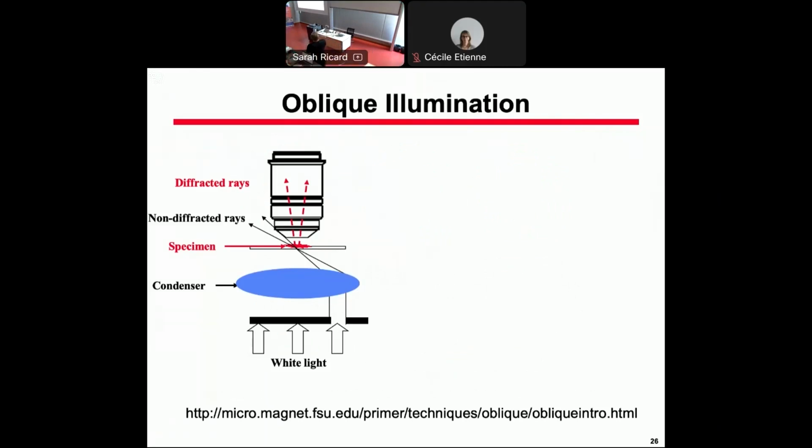So it's similar, you have non-diffracted rays. In oblique illumination, some of them can enter, and what is diffracted by the specimen, so it's not fluorescent, what is diffracted by the sample will enter the objective and contribute to image formation.